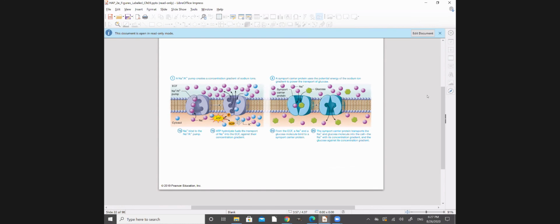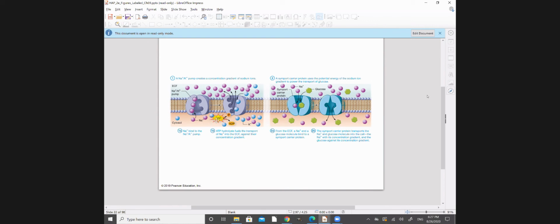All right, here we have examples of secondary active transport. Again, we see the molecule of ATP attached to the pump, the protein structure, with potassium and sodium pumping through.